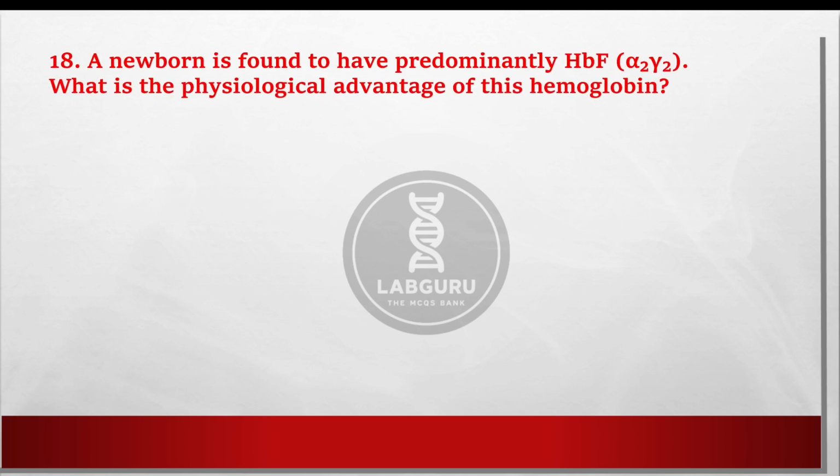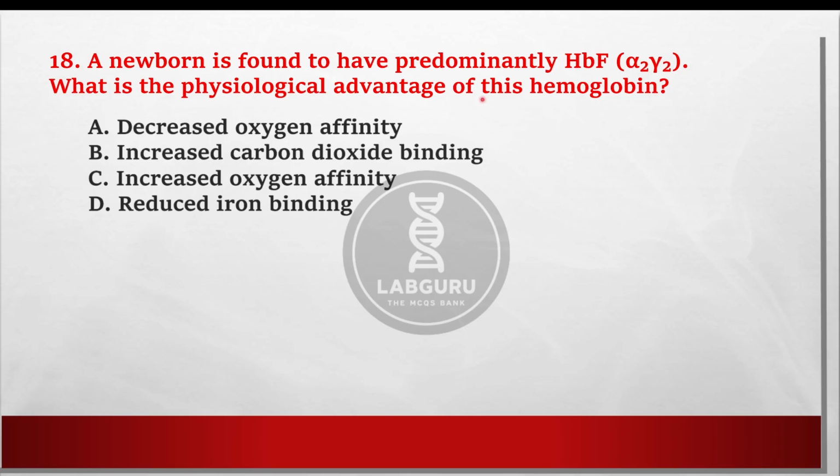Question number 18. A newborn is found to have predominantly HbF, fetal hemoglobin. What is the physiological advantage of this hemoglobin? Option A is decreased oxygen affinity. Option B, increased carbon dioxide binding.